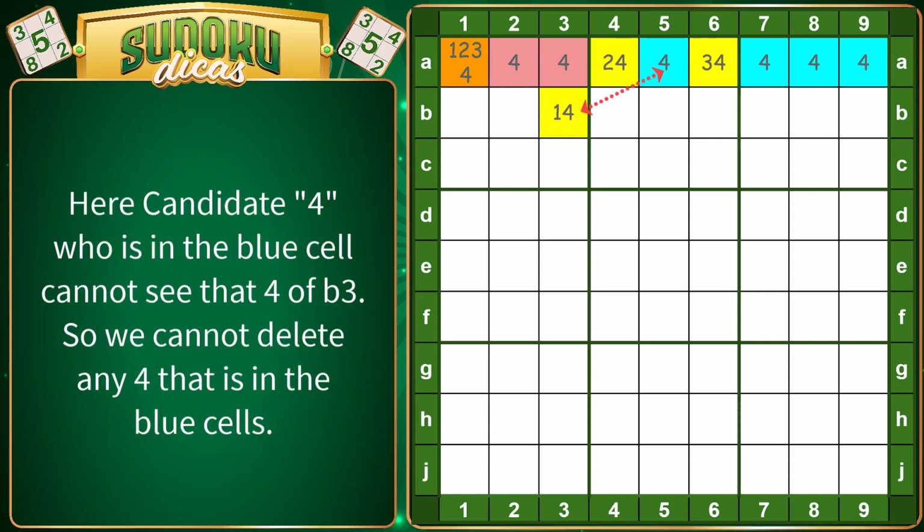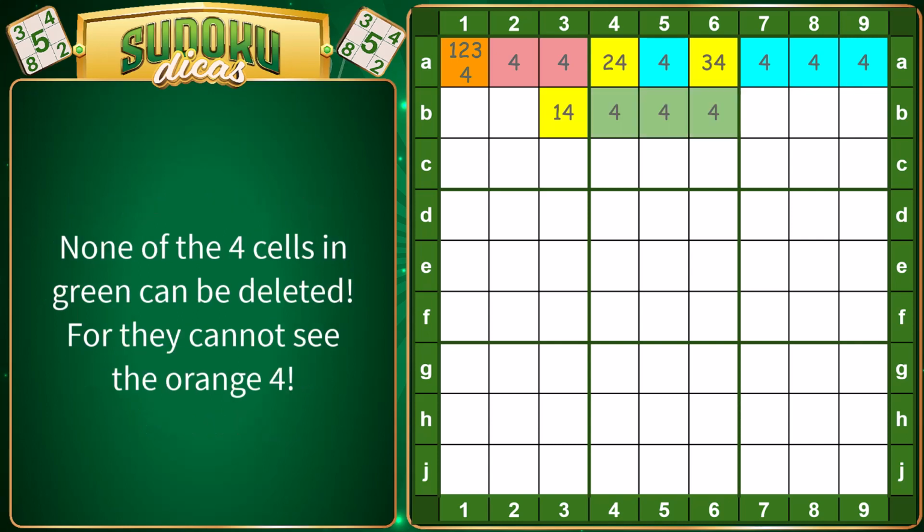Here candidate 4, who is in the blue cell, cannot see that 4 of B3. So we cannot delete any 4 that is in the blue cell. None of the 4 cells in green can be deleted, for they cannot see the orange 4.